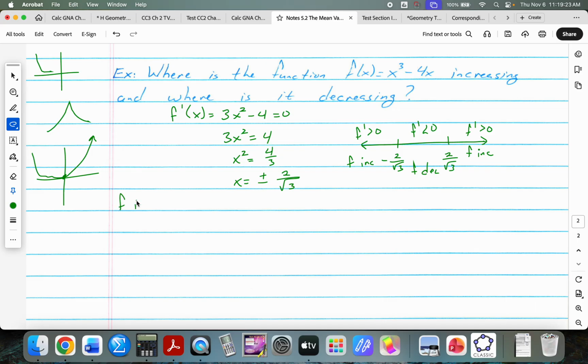So f is increasing on the interval from open at negative infinity to negative 2 over the square root of 3, closed at that endpoint, and closed at 2 over the square root of 3 to infinity.